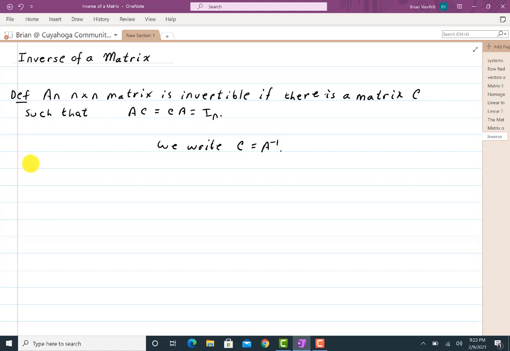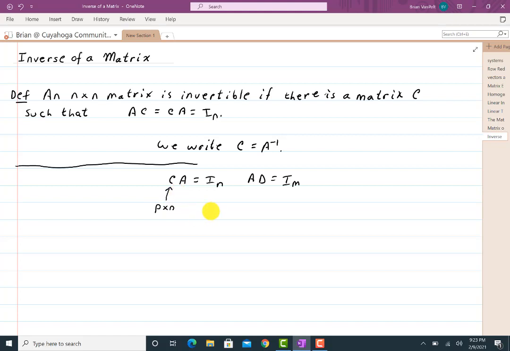You may have remembered that we did something like this, where we had CA equal to I_n, but then we had AD equal to I_m. Well, if the same matrix has to work on both sides, that means that C would have had to have been something, I'll call it p by n.